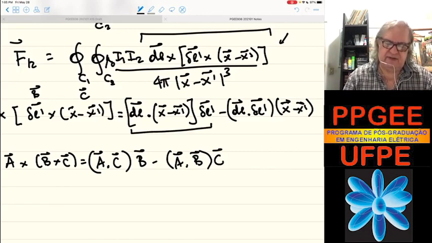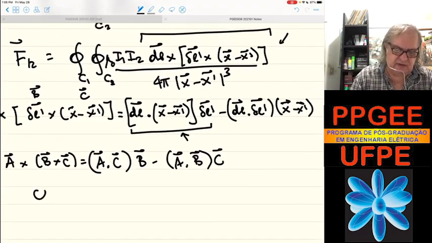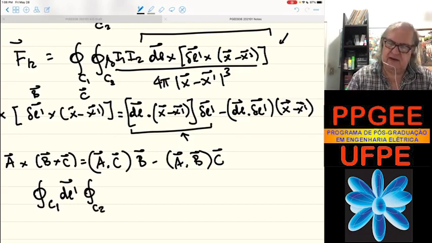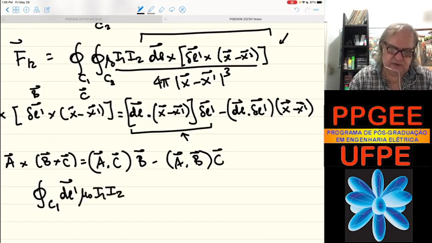So let's just consider this integral here. We're going to have something like this. Integral on C1, I'm going to put like this, the L prime first, then on C2, then we have, well, I'm going to put all the constants before here, mu 0, I1, I2 over 4 pi. Then I have the second integral on C2.